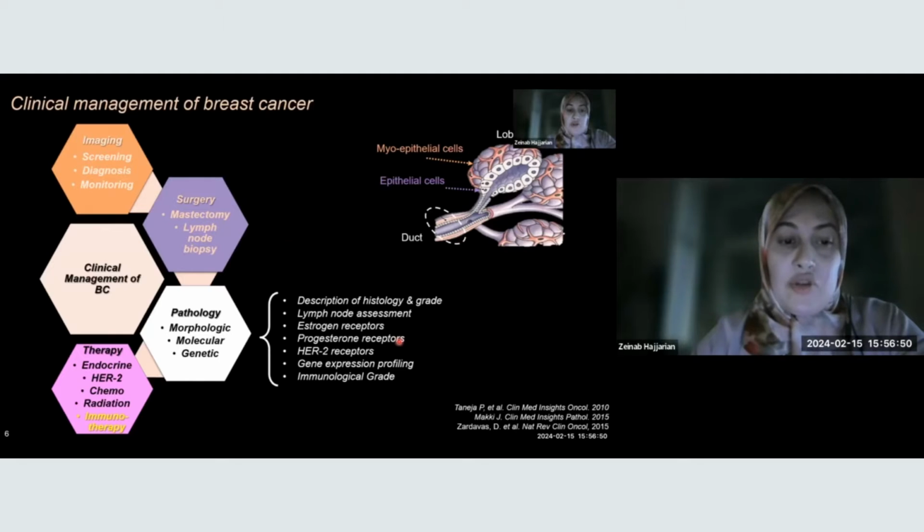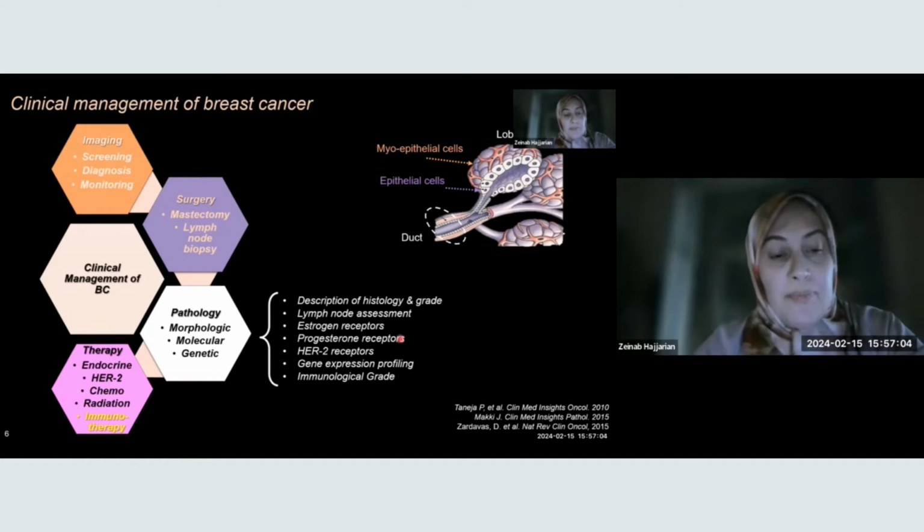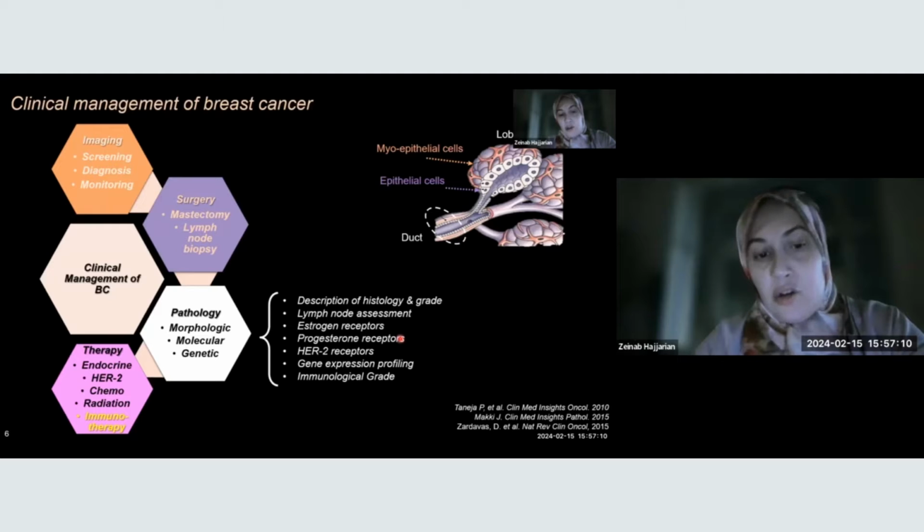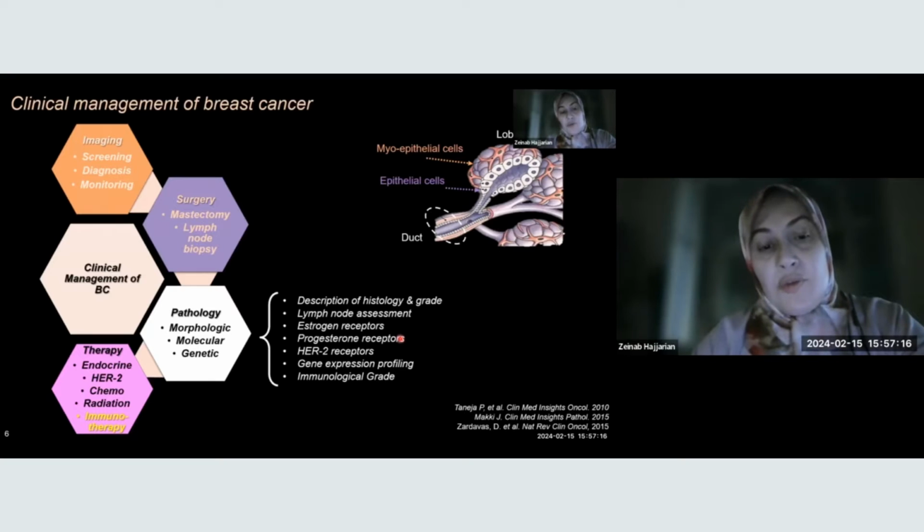For example, if the tumor is only ER and PR positive, estrogen and progesterone positive, but the lymph node status is negative, the general understanding is that the patient can be spared from chemotherapy, and endocrine therapy should be sufficient. The patient only goes through endocrine therapy because these markers predict that the response to the therapy is going to be more promising in that direction.